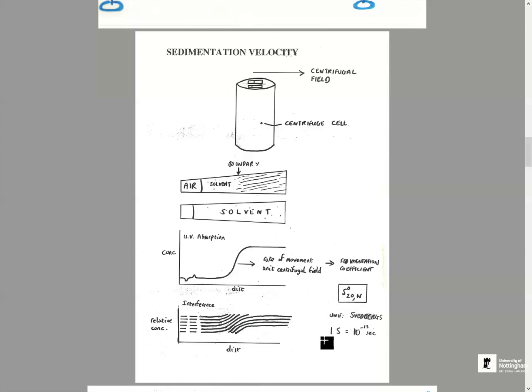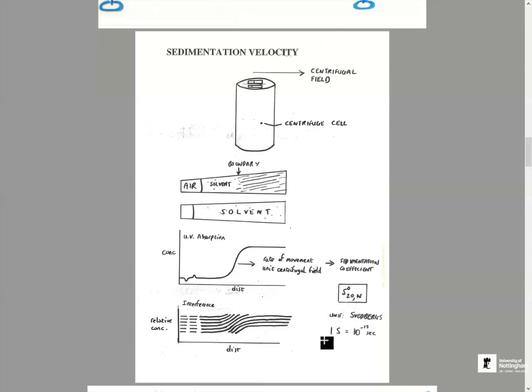Each one of these lines is one of these lines, so we've got multiple concentration profiles here. What the computer program in the ultracentrifuge does is take all this data, average it out, do what's called a Fourier transform, and you get something like this. So the program converts that into one of these profiles for refractive index optics.